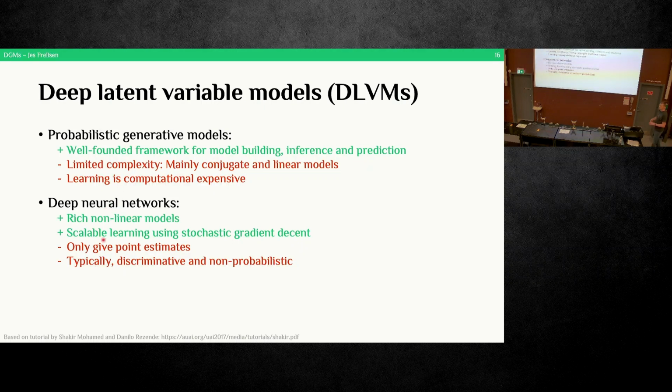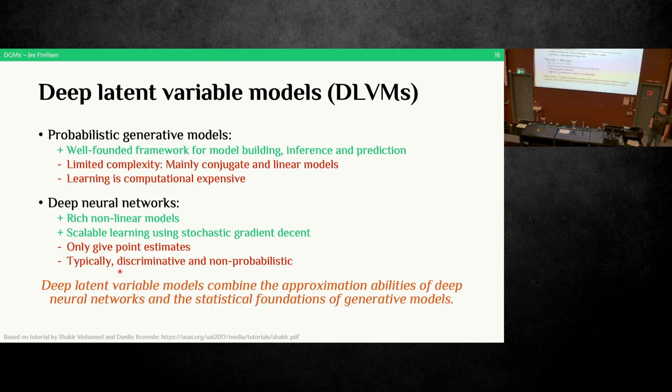They are scalable to very large data sets using stochastic gradient descent. The issues are that they only give point estimates, and they are typically discriminative and not probabilistic. So usually we use deep neural networks to do discriminative modeling, that is, predictions. And at least one way I think about deep generative models is that they combine the approximation abilities of deep neural networks with the statistical foundations of probabilistic generative models.